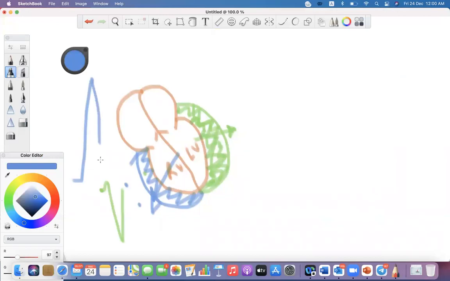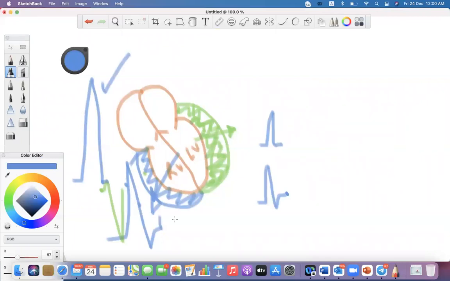You'll find the R wave will be very large in V1 and V2. And you will find the R wave in V5 and V6 will be very small. Like this. So in right ventricular hypertrophy, it's pathognomonic to find a very tall R in V1 and V2.